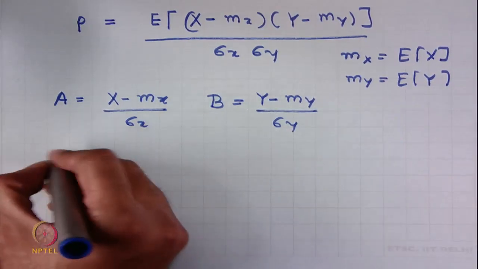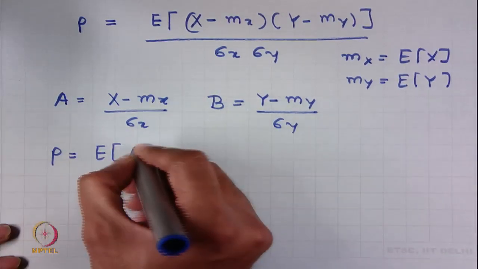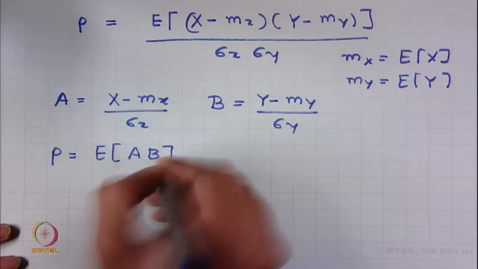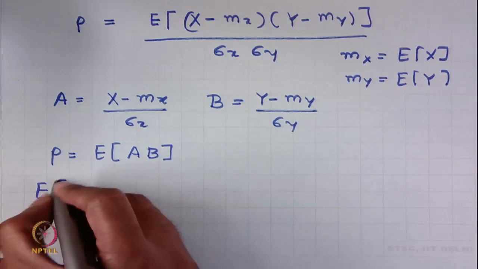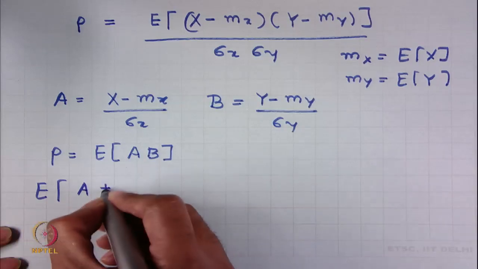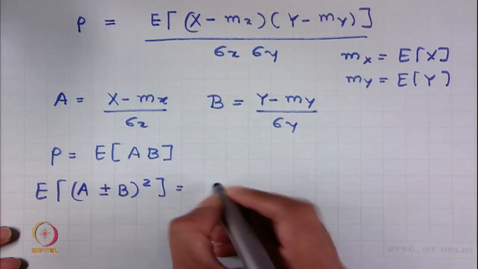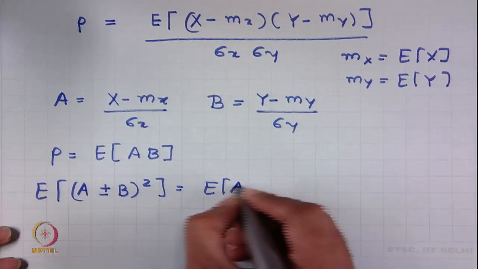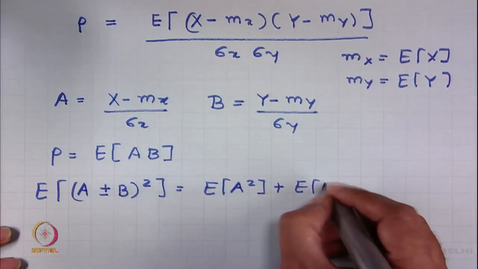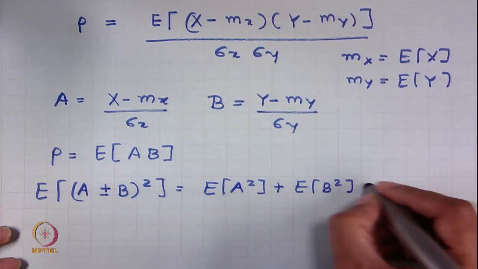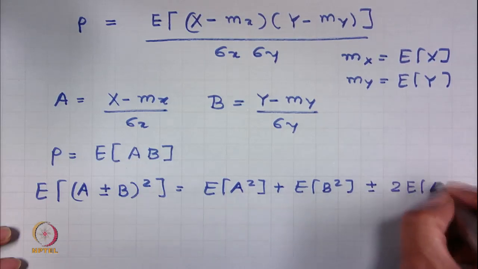So, I can write rho, or the correlation coefficient, as the expected value of A into B. Now, you know in general the expected value of A plus or minus B whole square is nothing but the expected value of A square plus the expected value of B square plus or minus 2 times the expected value of A B.